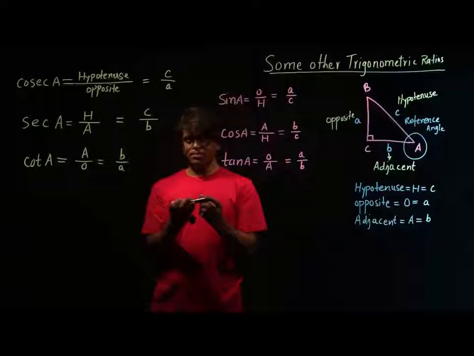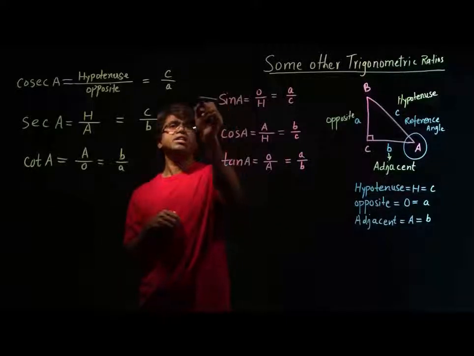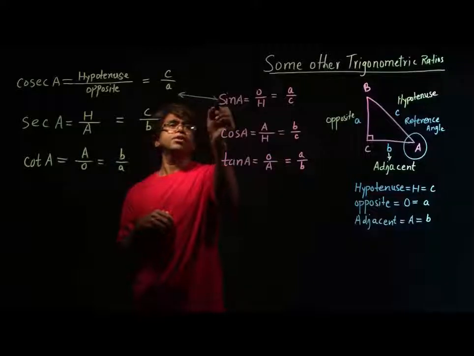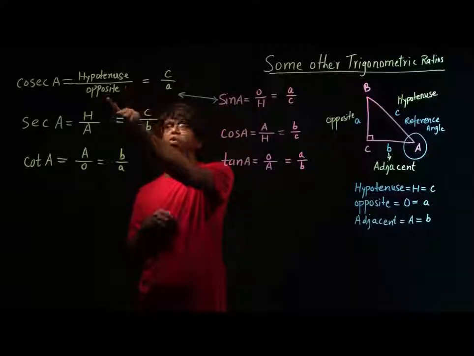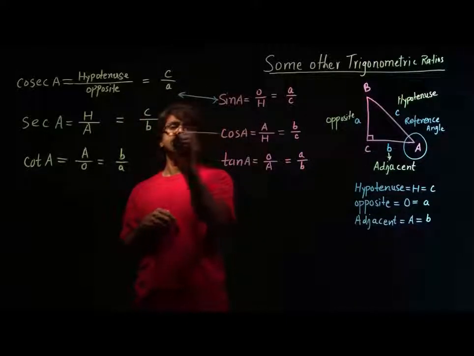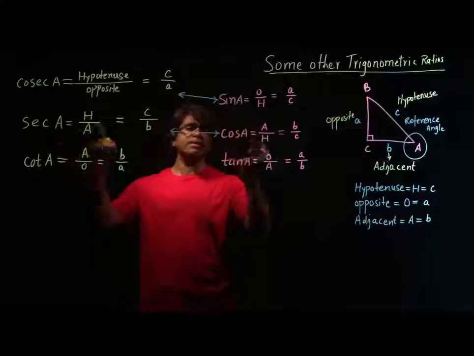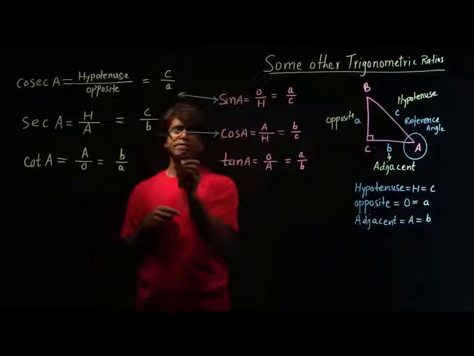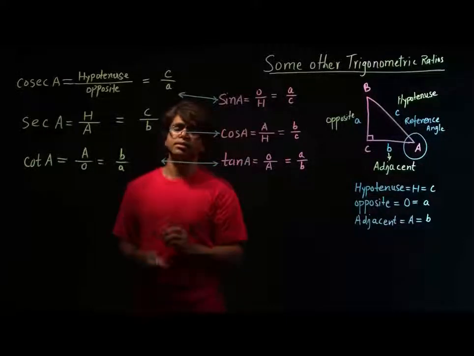As you can see, the reciprocal of sine is cosecant. So if I know sine, I can find cosecant, and if I know cosecant, I can find sine. In the same way, the reciprocal of cosine is secant, so if I know one, I can find the other. In the same way, the reciprocal of tangent is cotangent.